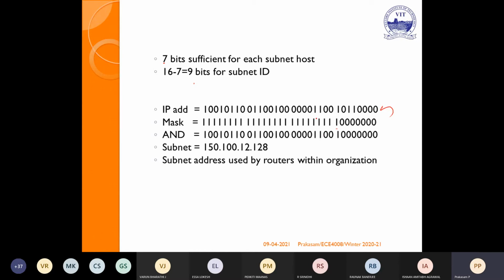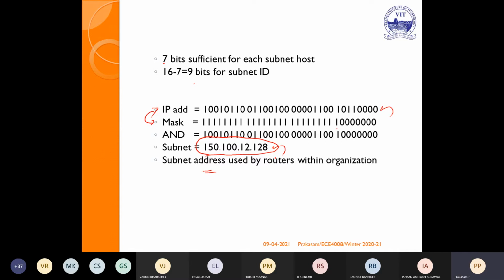Because the first part is the subnet ID, kindly do an AND operation between these two. So this is the answer. Converting it again into dotted decimal, 150.100.12.128. This is the subnet address used by the router within the organization.